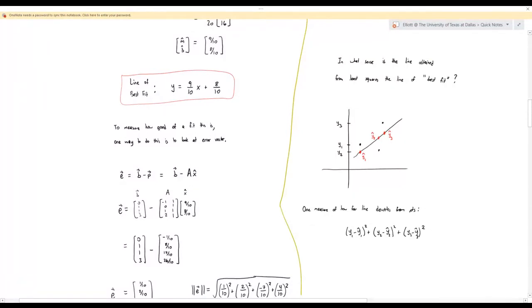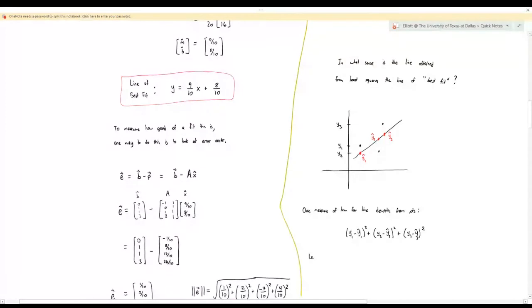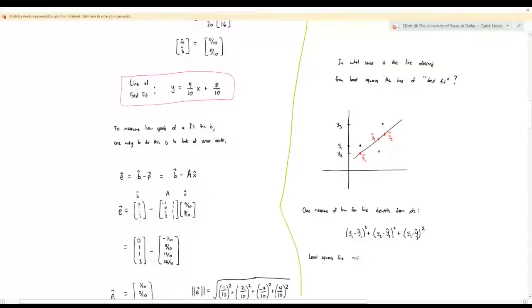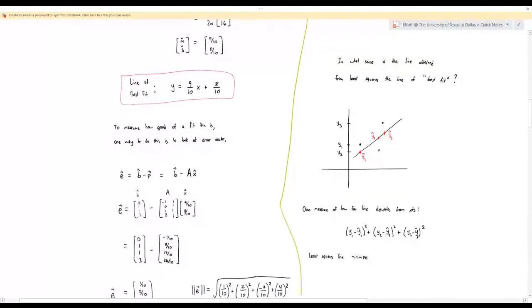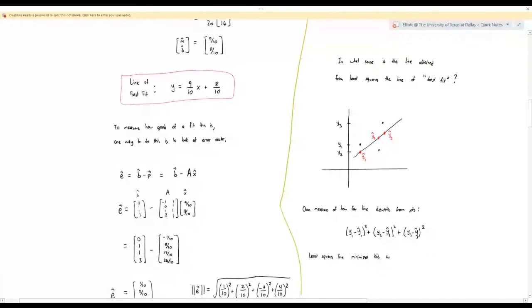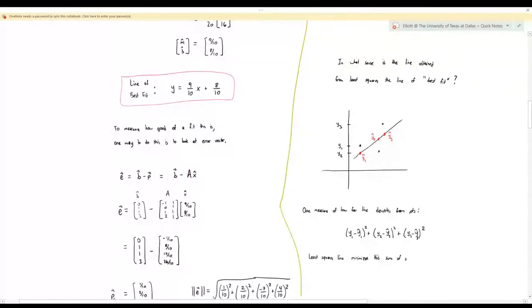So what the least squares solution is actually doing is picking the line that will minimize this sum of squares of the differences. The least squares line that we're computing minimizes this sum of squares of differences.